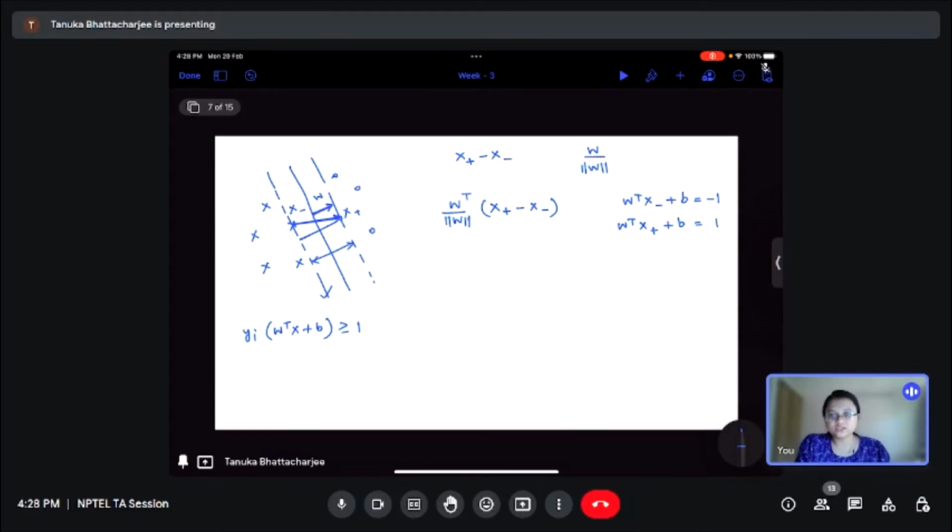So on the boundary of each class, it will be equal to 1: W transpose x plus B will be 1 on one side and minus 1 on the other side. If I simply subtract, I get W transpose times x plus minus x minus equal to 2. If we put that in here, we get 2 by norm of W. So your margin between the two classes is 2 by norm of W.